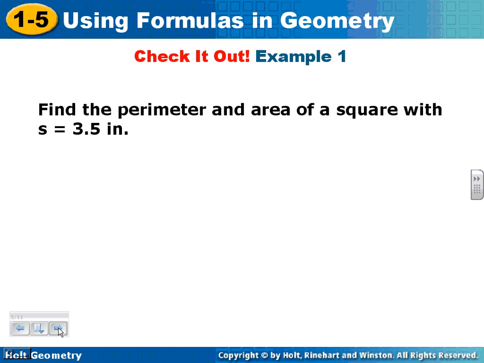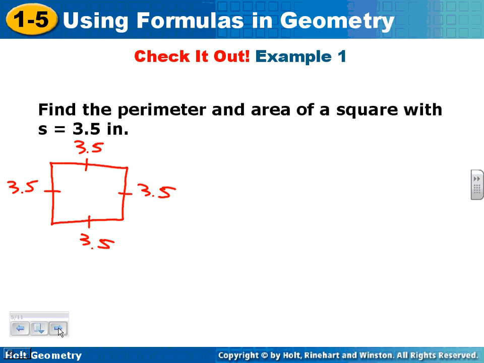Find the perimeter and area of a square with s is 3.5 inches. There's no figure. So make sure you are in the habit of drawing a picture. This is a square. I'll put 4 tick marks in. If one side is 3.5, all sides are 3.5.